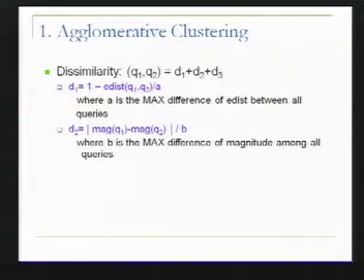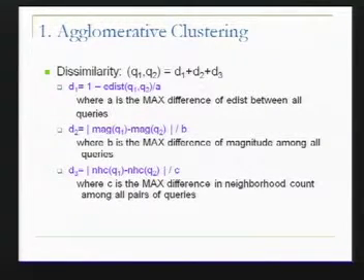Again, the magnitude and neighborhood count. Here, if you look at D3, we want to have similar neighborhood count. In that case, if they are similar, D3 will be 0. That means we have less dissimilarity if they have a similar neighborhood count. Okay, any questions?